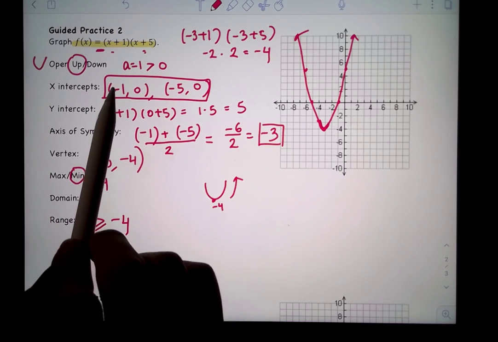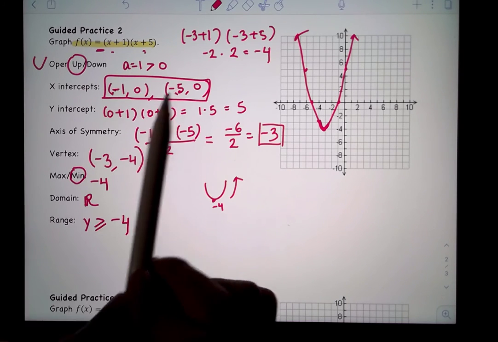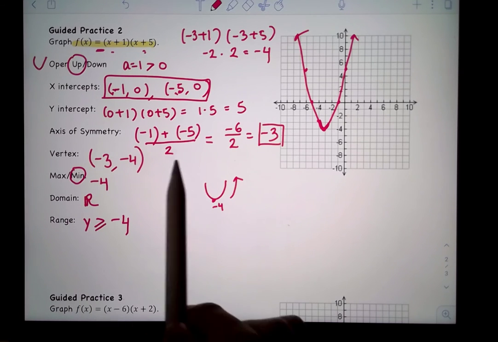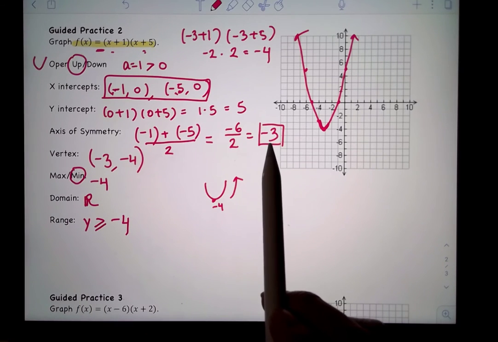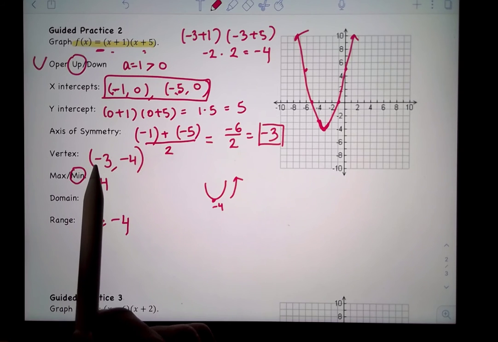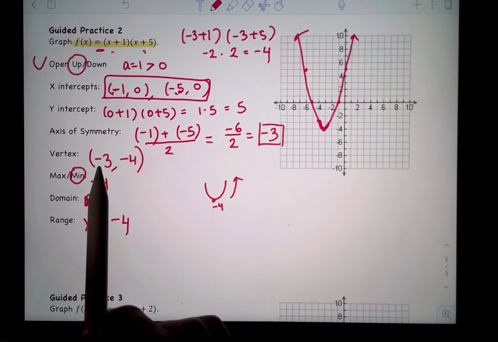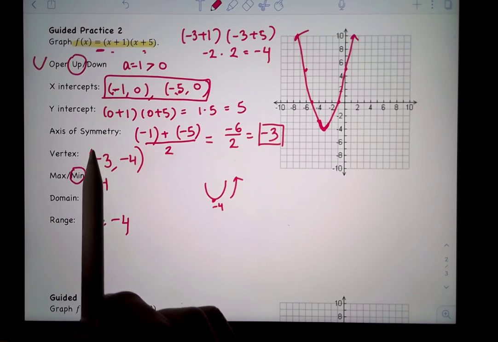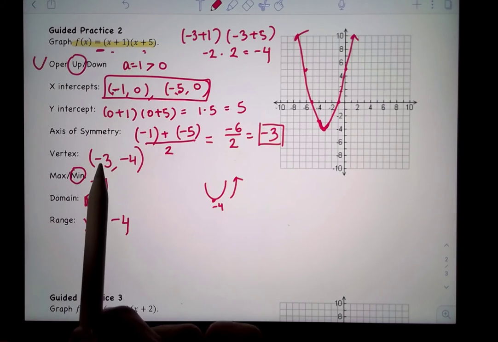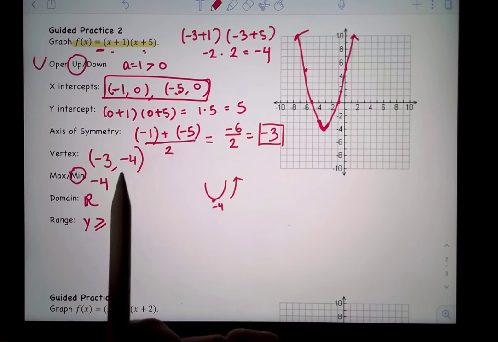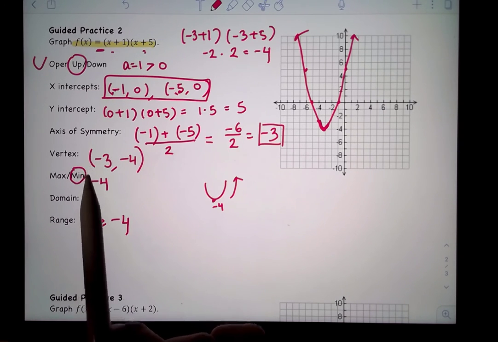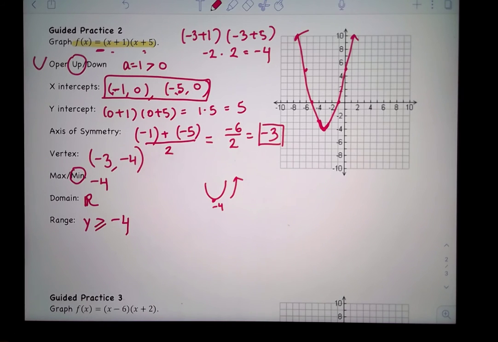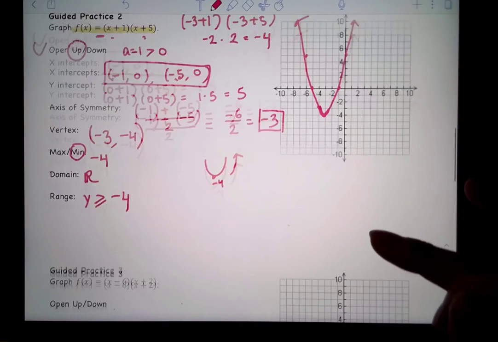Combine these two numbers, add them, and divide by 2. Then you will get your axis of symmetry, which is your x-coordinate of the vertex. So you put -3 here, and you put it back to here, then you will get your y value. Then that is your vertex. So, if you remember what we did on the vertex form and the standard form, then you will get this one easily. Okay?